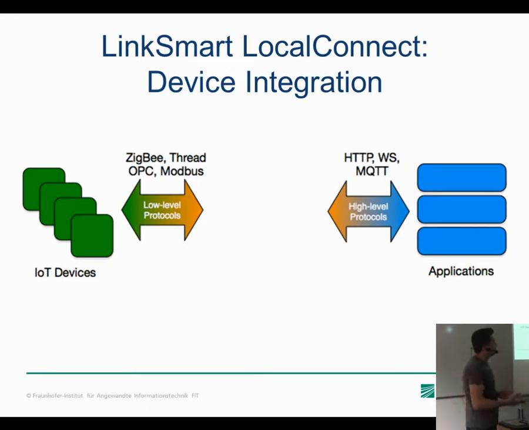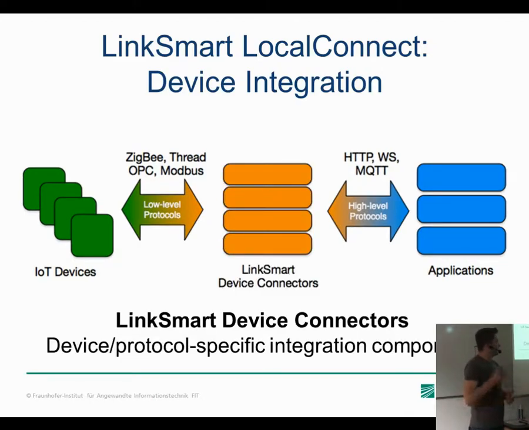And on the right-hand side, we have the applications which talk higher-level protocols like HTTP, MQTT, WebSockets, and so on. So with LinkSmart, we bridge the gap between the IoT devices and applications, allowing the applications to get access to the resources of the IoT devices by integration components, which we call the device connectors.